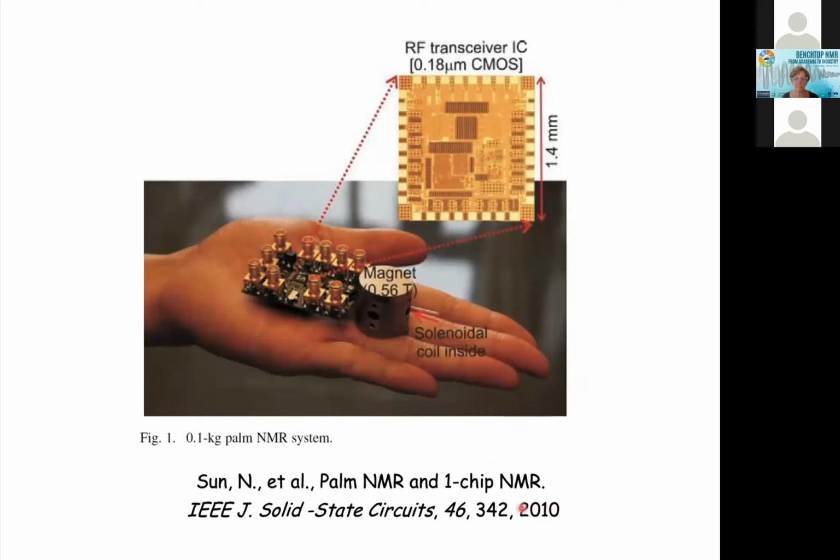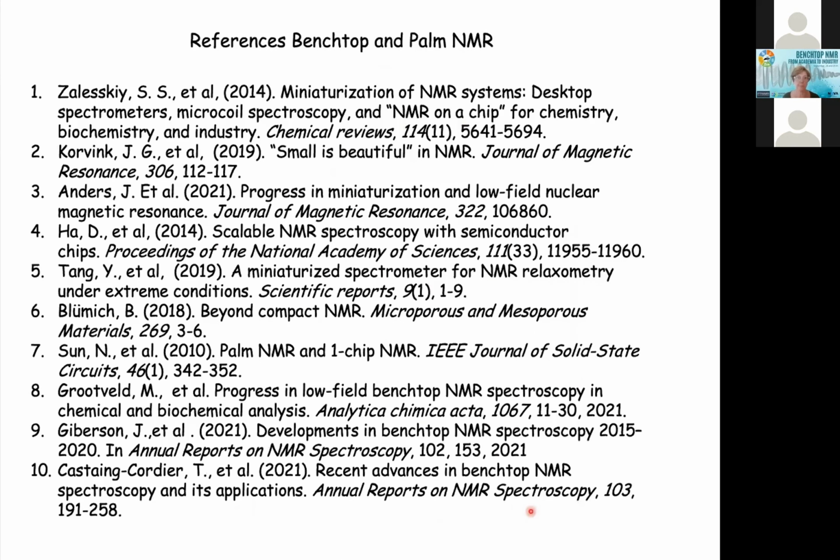Okay, this is in one paper. After that, there are probably 10 to 20 new types of these magnets. I left my presentation with the organizer, and they can give you a copy. You can see here all these reviews, which give you information about magnets for benchtop and even for very small systems like NMR on a chip.